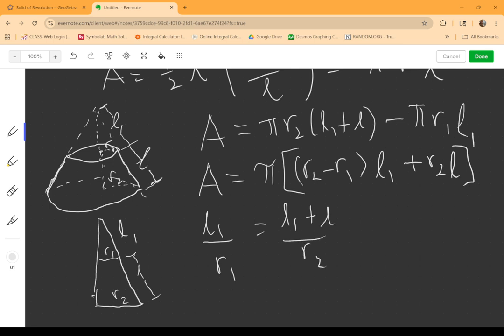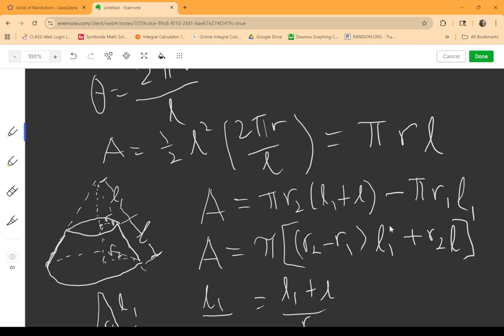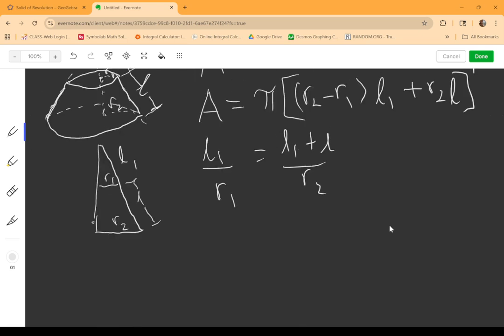Doing a little cross multiplication, we get R2 L1 equals R1 L1 plus R1 L. Now rearranging, I'll bring the quantities with L1 to one side.